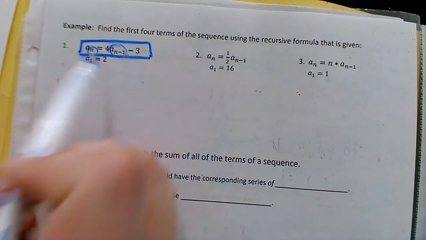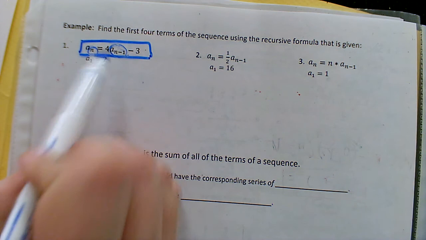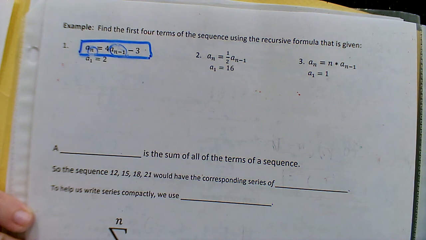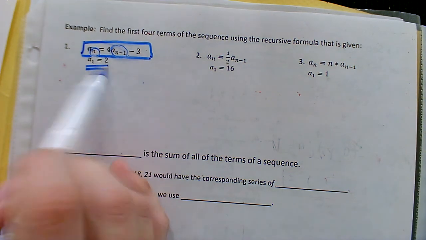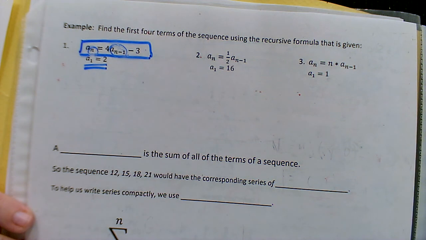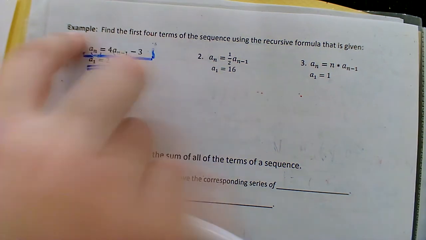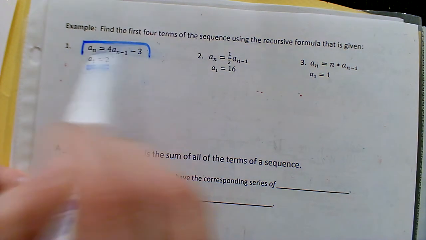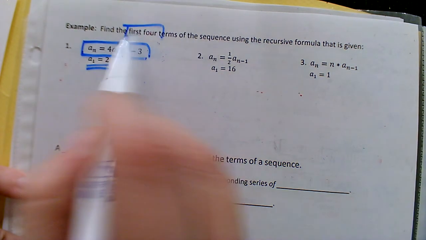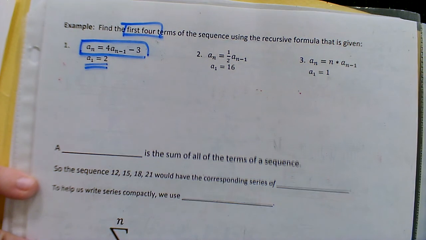And in order for you to know the 3rd term, you had to do 4 times the 2nd term minus 3. So in order for us to get here, we have to start off knowing one specific term in that sequence. So we're going to start off in this case with the first term of 2, and we're going to use this recursive formula to help us figure out the first 4 terms.